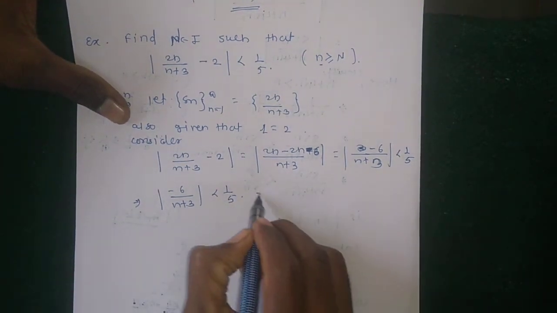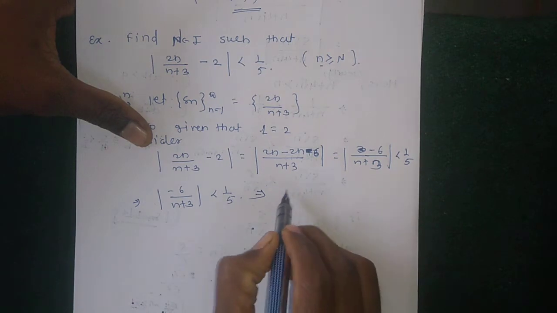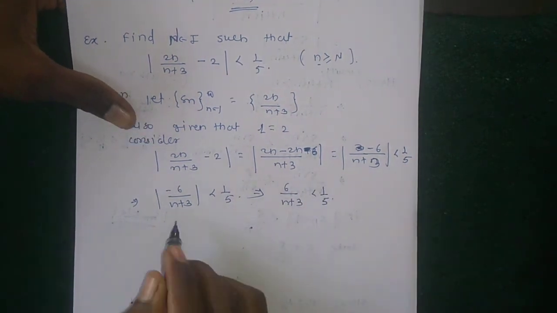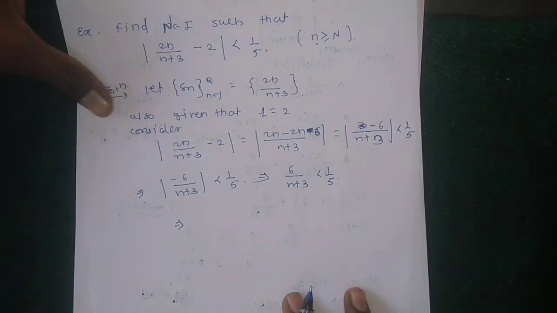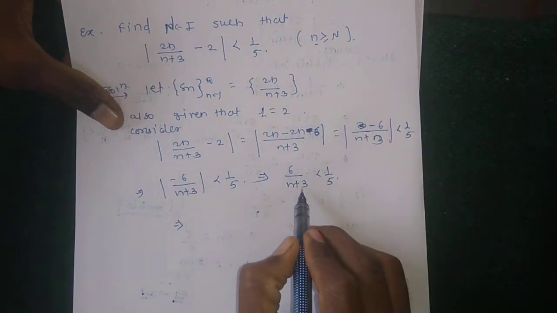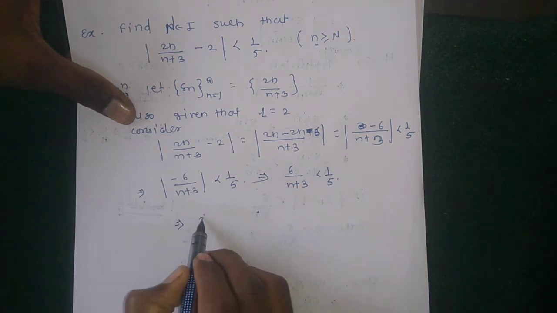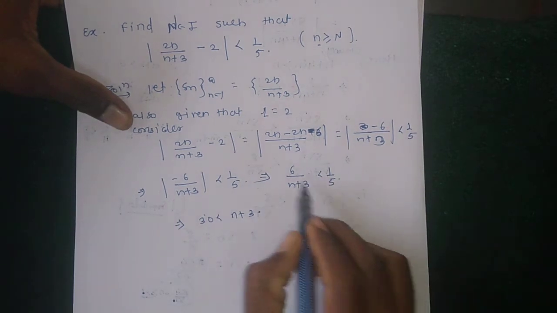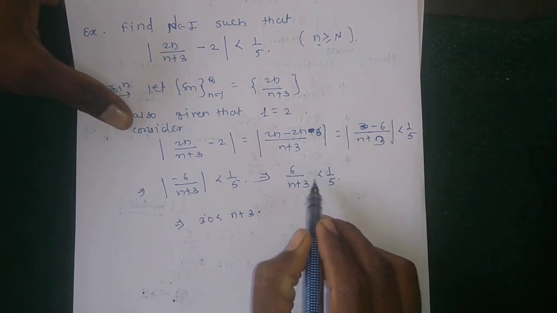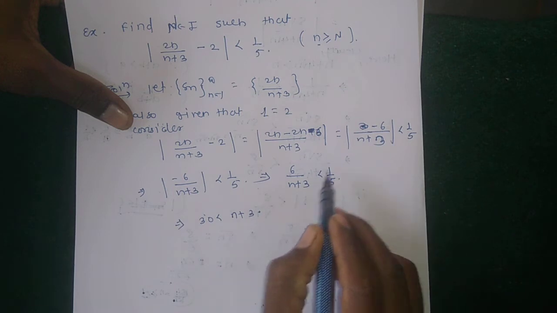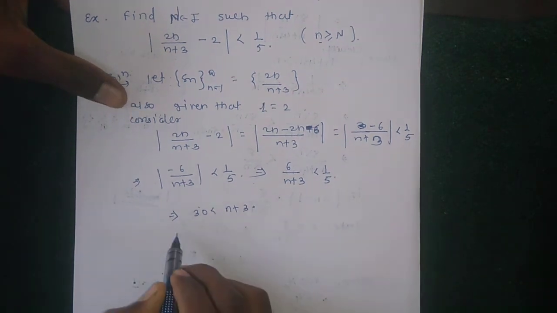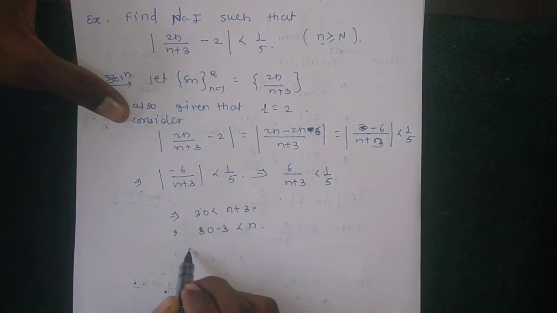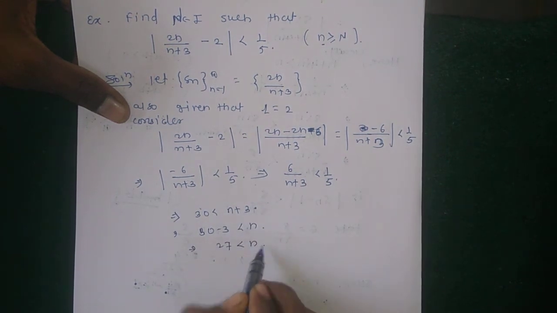The modulus of this term is 6 divided by n plus 3, which is less than 1 by 5, which implies that 30 is less than n plus 3. Solving this, 6 into 5 is strictly less than n plus 3 into 1, which implies that 30 minus 3 is strictly less than n, which implies that 27 is less than n.